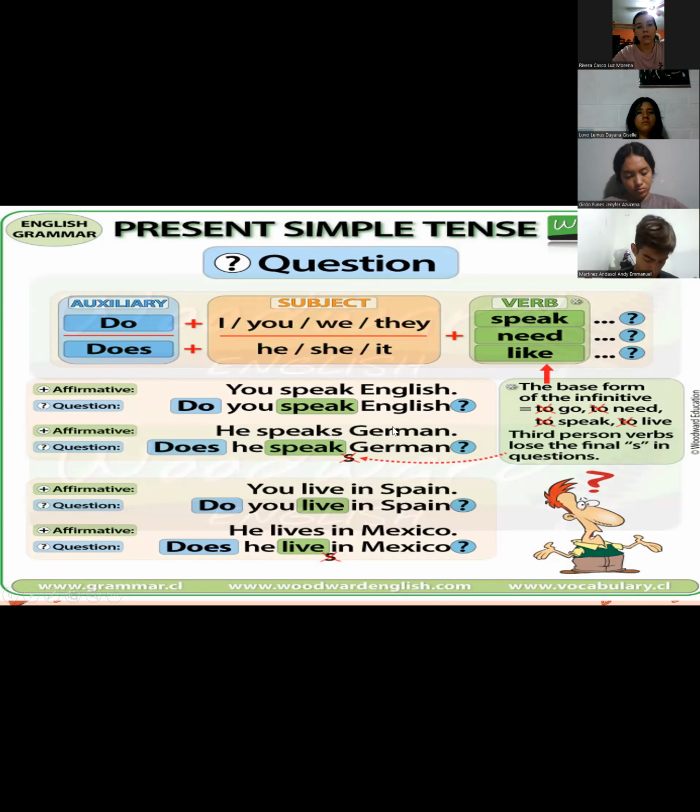"He speaks German." "Does he speak German?" Here, no S. "You live in Spain." "Do you live in Spain?" "He lives in Mexico." "Does he live in Mexico?" And here, no S, because the auxiliary is the one that changes, okay?